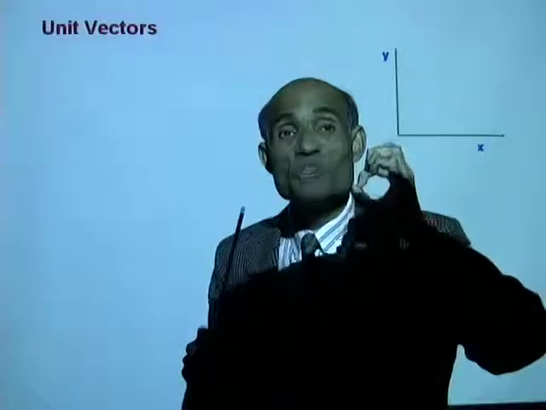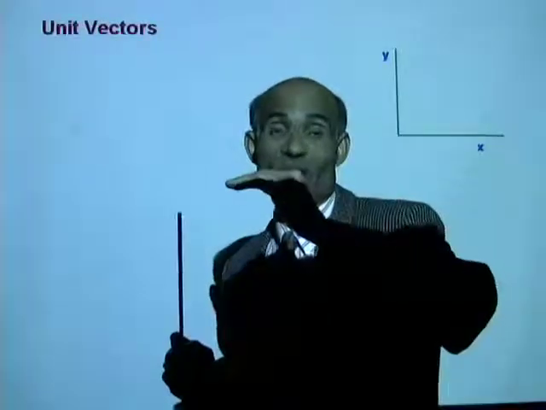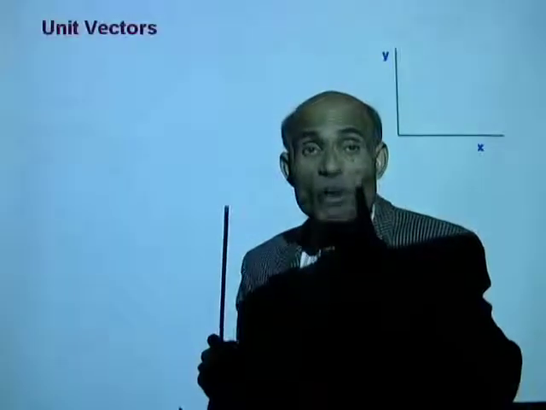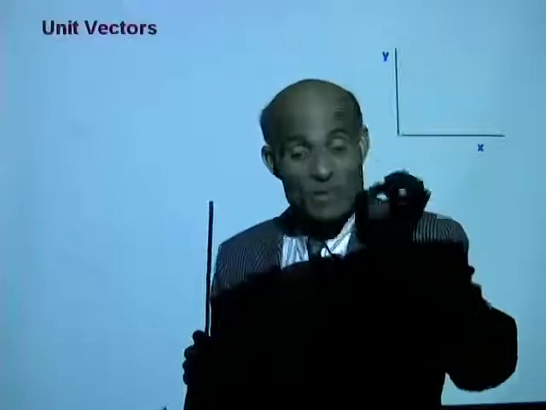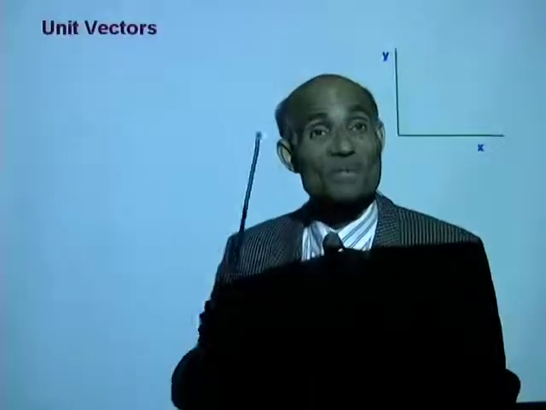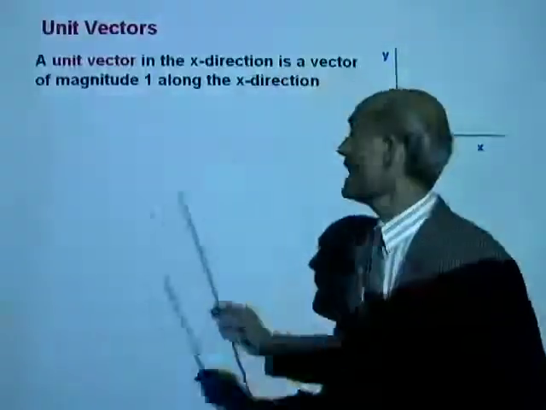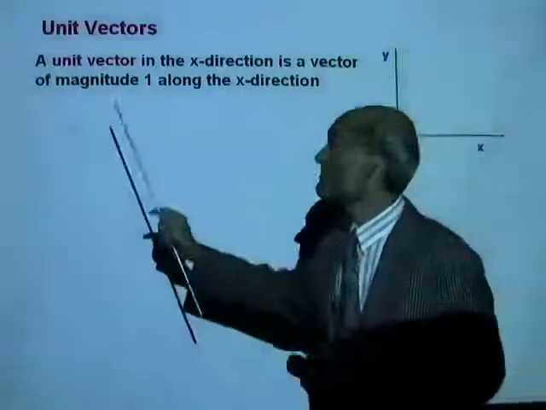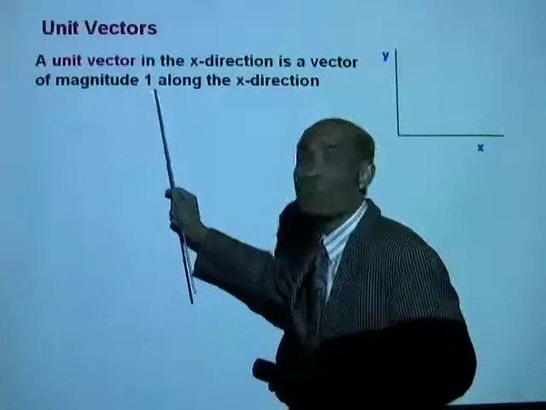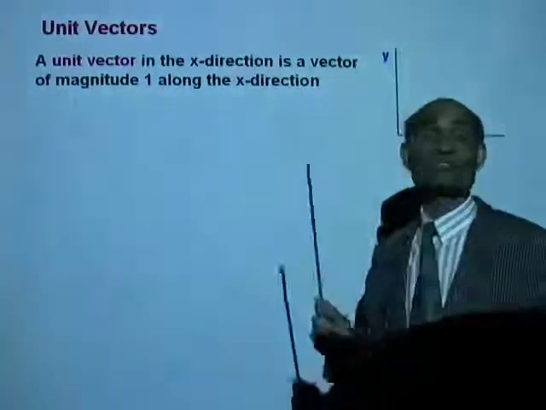That will be a unit vector in the x direction. And a vector of magnitude 1 unit in the y direction. That will be a unit vector in the y direction. A unit vector in the x direction is a vector of magnitude 1 along the x direction.